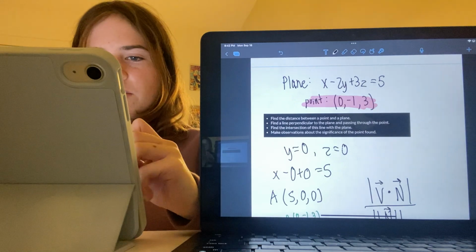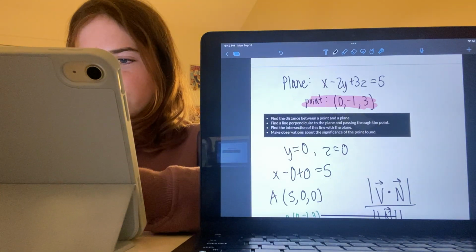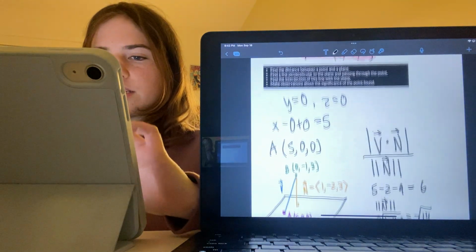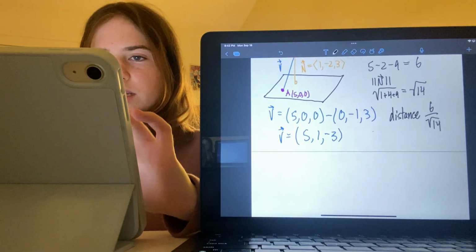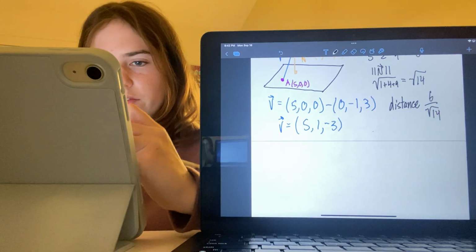The next thing that we are going to do is find a line perpendicular to the plane and passing through the point. So this is pretty simple because we have the normal vector, which is going to be our direction vector of the line.